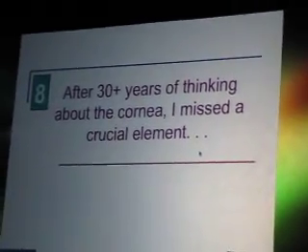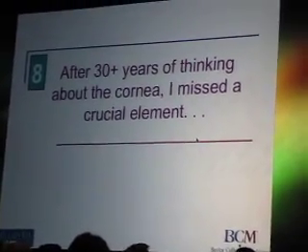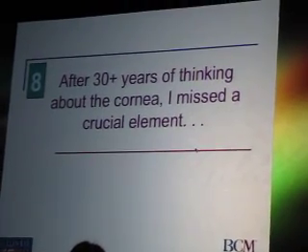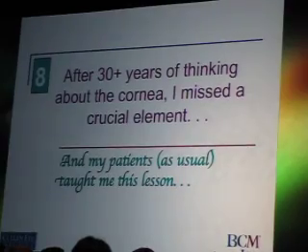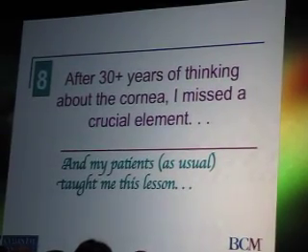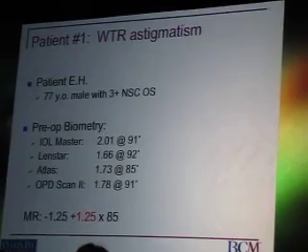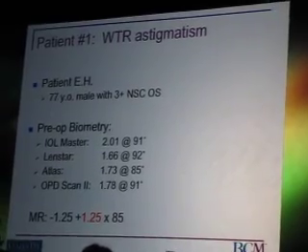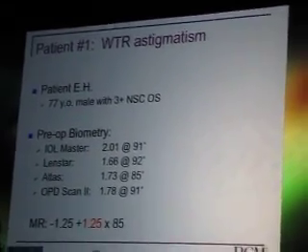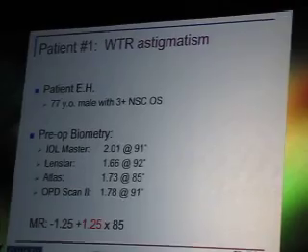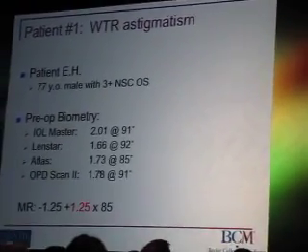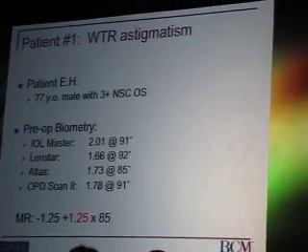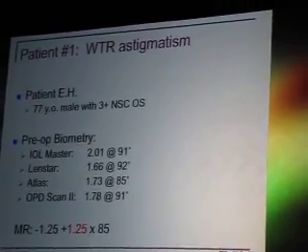Number 8. After 30 plus years of thinking about the cornea, I missed a crucial element. And as usual, my patients taught me the lesson. And they do it every day, don't they? This very thoughtful and probing engineer came to me saying he needed cataract surgery, and he showed this amount of astigmatism, and I said to him, I think you need a toric lens, and I can correct your astigmatism.